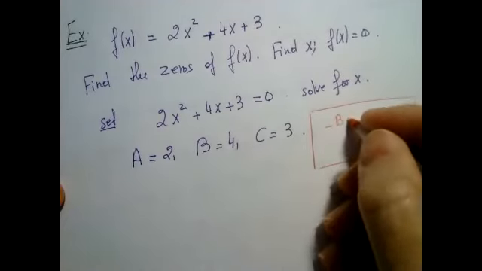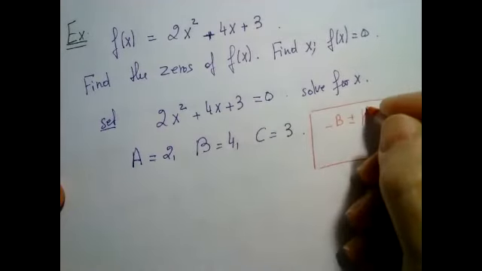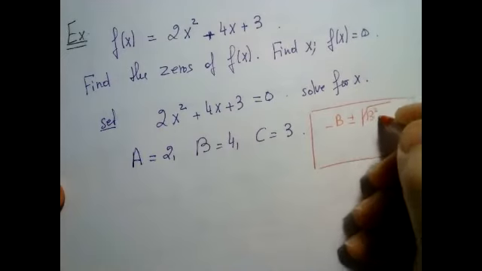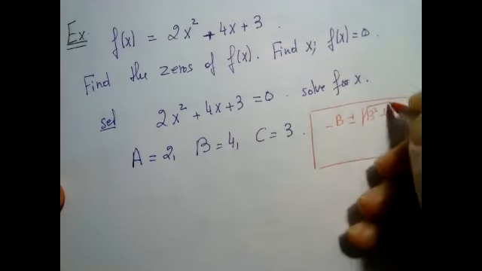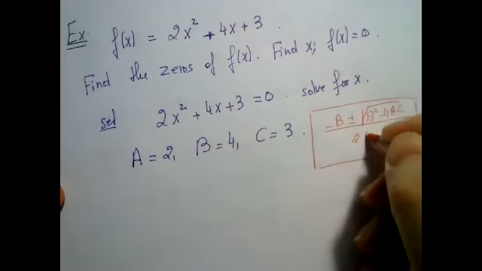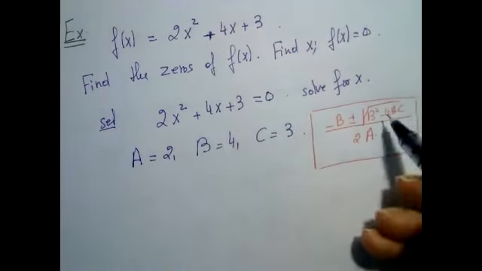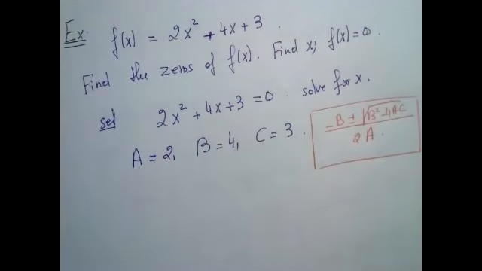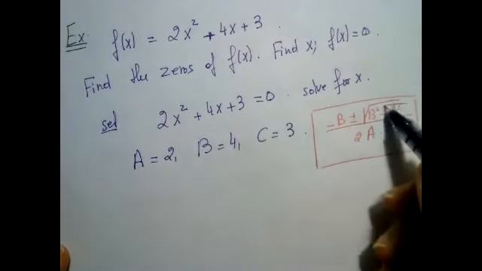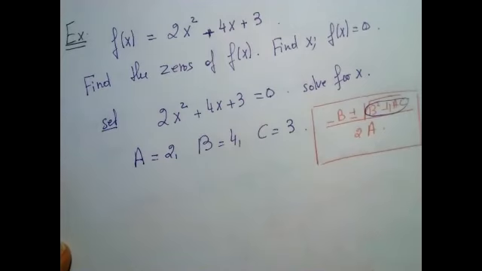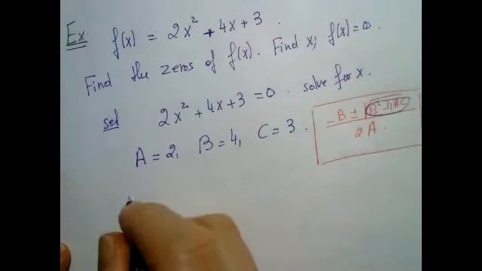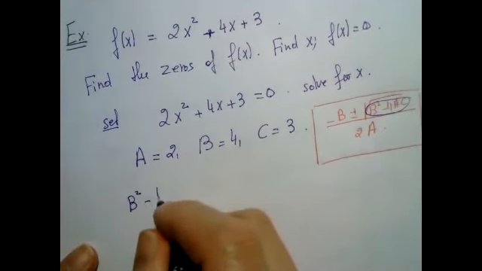It's minus b plus or minus the square root of b squared minus 4ac over 2a. Okay, so that's the quadratic formula. So to use it, I have to evaluate b squared minus 4ac and then proceed. So let us take care of this term first and then the solution. So what's b squared minus 4ac?